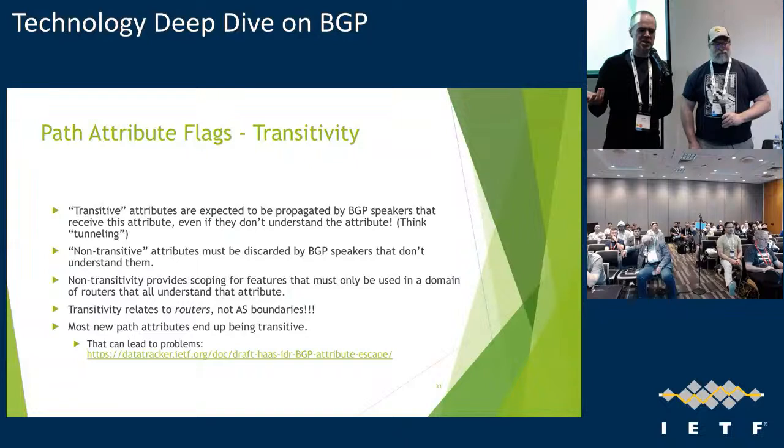If it's a transitive attribute, on the other hand, if I, the router, receive this thing and I don't know how to decode it, and I say, oh, that's fine, I set the partial bit, remember that, and I just go ahead and pass it through as a bag of bits.